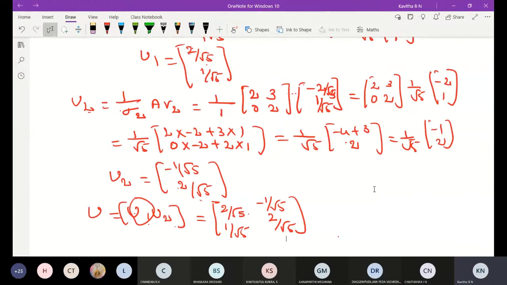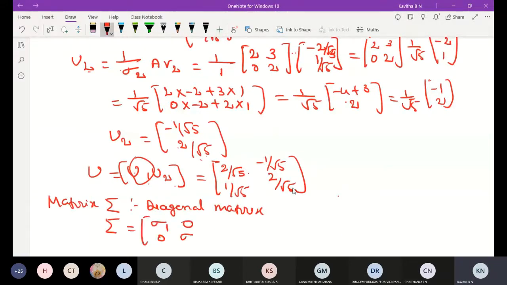Okay, completed. How to find the summation? Observe here sigma 1 0, 0 sigma 2. Summation is nothing but the diagonal matrix. Sigma 1 0, 0 sigma 2 means sigma 1 is 4, 0, sigma 2 is 1.